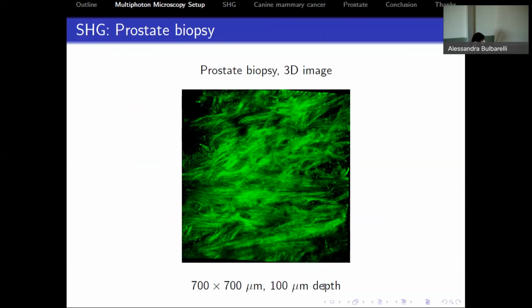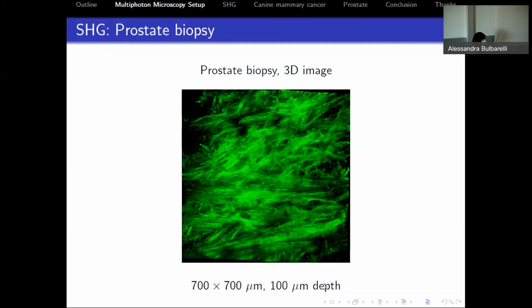And that is done in a fresh cut, just a punch biopsy with no treatment, nothing at all, just in the same formalin solution that it was taken out. And so we can image it without any processing at all and get the details of the 3D collagen organization.